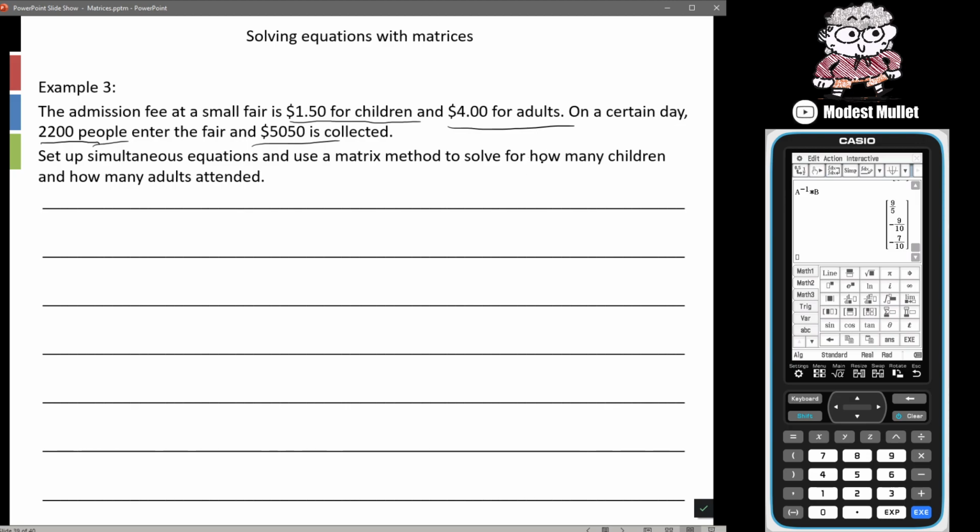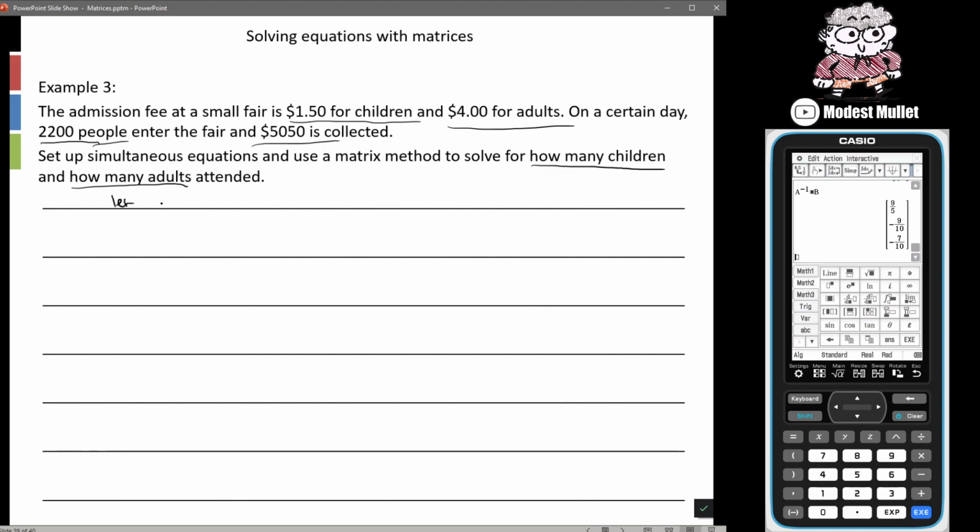Like with all applied problems, what you're being asked to find at the end is 99% of the time the variables that you need to let or give letters. So we want to find how many children and how many adults attended.